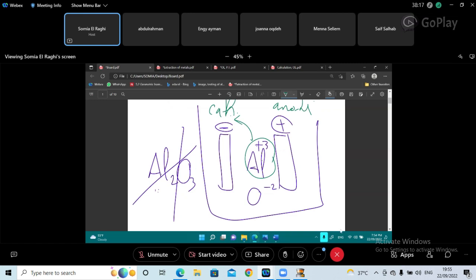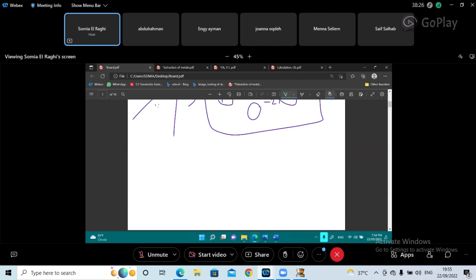Next question is what? Writing half ionic equation at cathode. All right? Let's write it together. Aluminium at cathode area, which is a negative terminal, what do we get? Al +3 plus. How many electrons? 3.